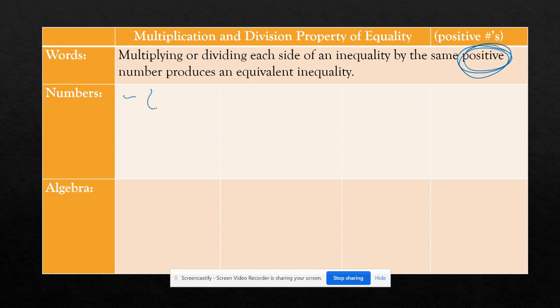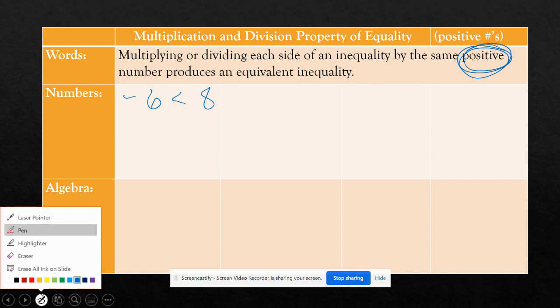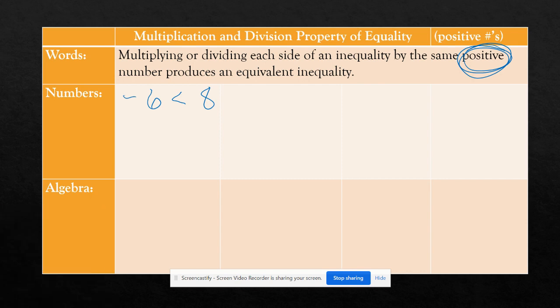Let's say that we had negative 6 is less than 8, which is true. Now, I want to multiply each side by 2. 2 times negative 6 is negative 12. 8 times 2 is 16.